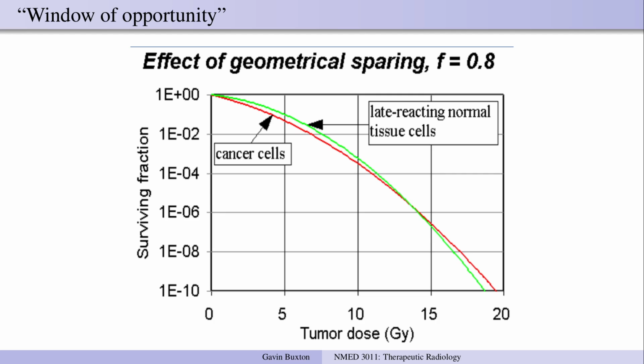And the window of opportunity also shifts to a higher dose. For conformal radiotherapy, it is possible to use much higher doses per fraction, called hypofractionation, which should mean shorter treatment times and less expense.